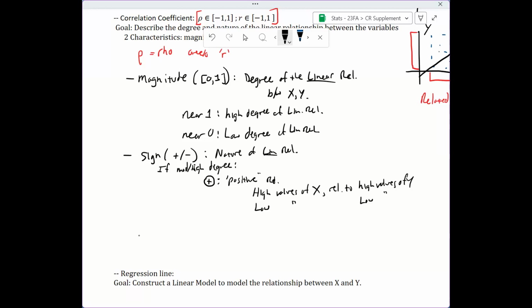So it's positive in the sense that the two variables kind of move in the same direction, loosely speaking. It's positive in the sense that if I observe one variable and I see that it's higher than typical, my guess, my inference would be that the other variable is also higher than typical.